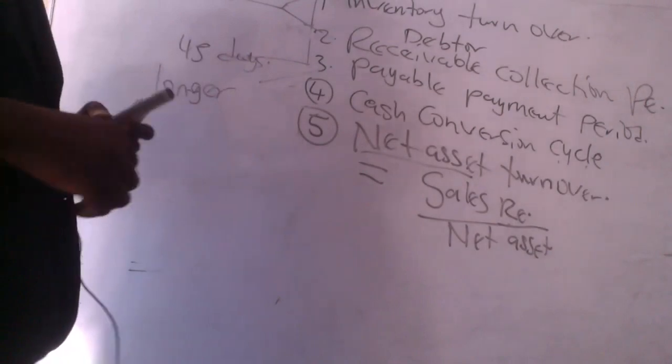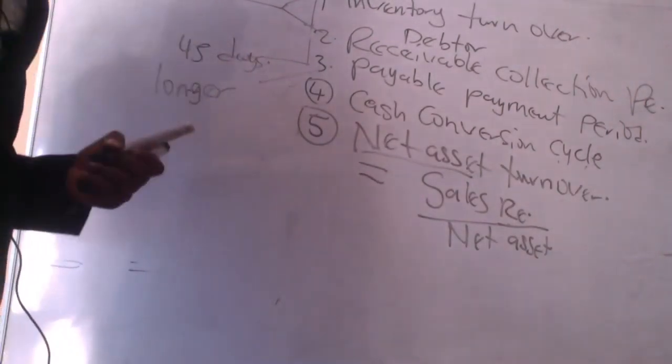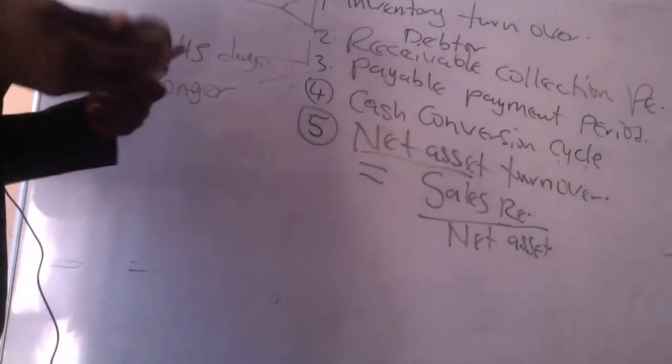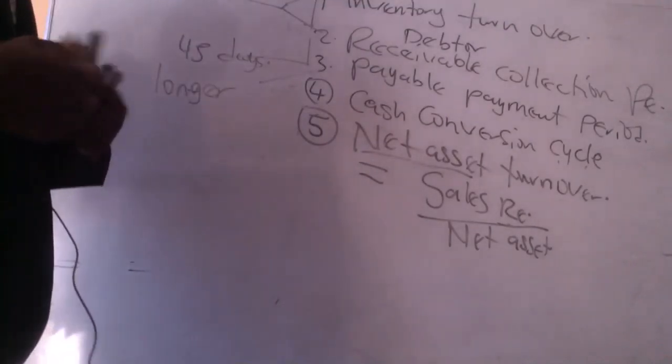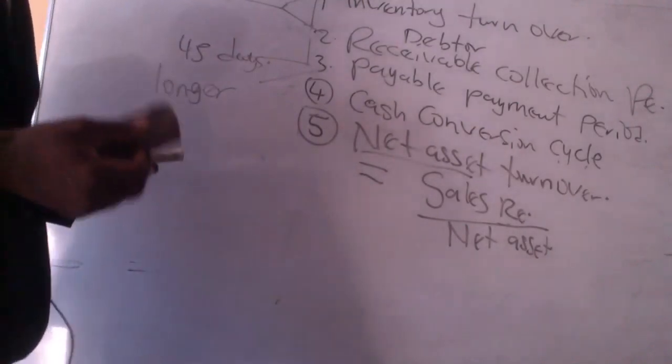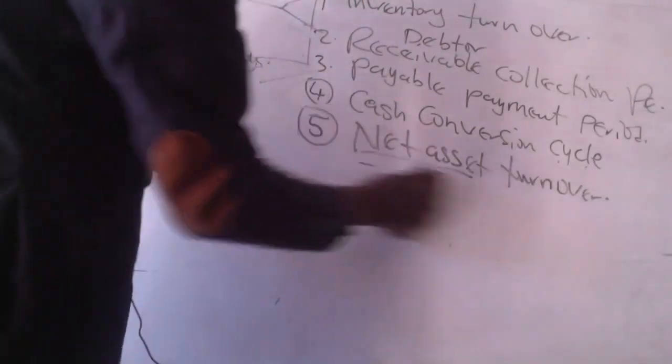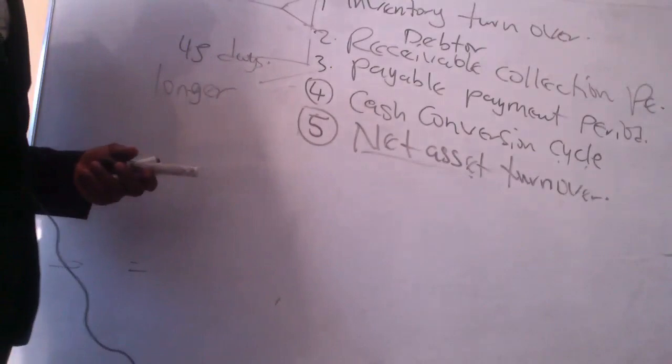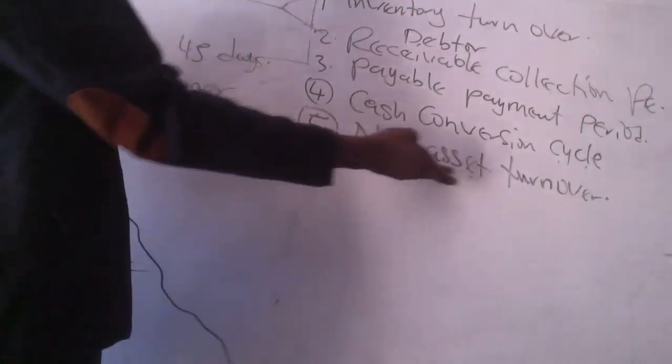If it is high, it means that you are utilizing your assets well, and it may be due to regular routine maintenance of your assets. So take note. Then I'll go on. In fact, we have many versions of the net asset turnover.